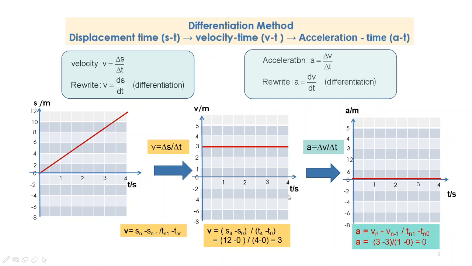Let's say we choose 1 second, so it's 1 minus 0, it will be equal to 0. So that is why you see the line is sitting on the x-axis. For a linear graph, the differentiation method actually is just a simple division method.